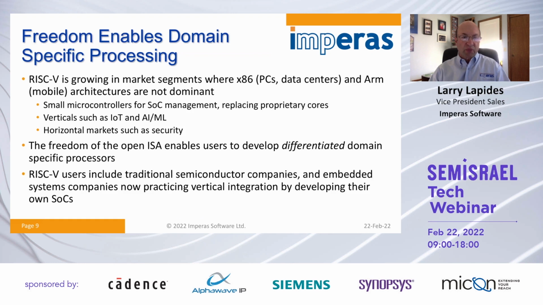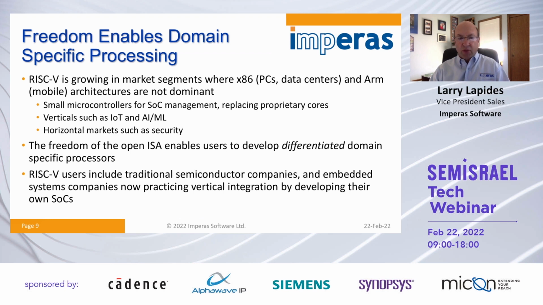This freedom, the ability to customize the RISC-V processor, enables domain-specific processing. So RISC-V is growing in market segments where x86 and ARM are not dominant, in small microcontrollers for SoC management, often replacing proprietary cores, in verticals such as IoT and AI, and also in horizontal markets such as security, which cuts across all these different vertical segments.